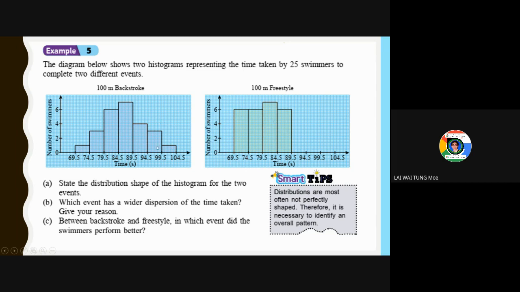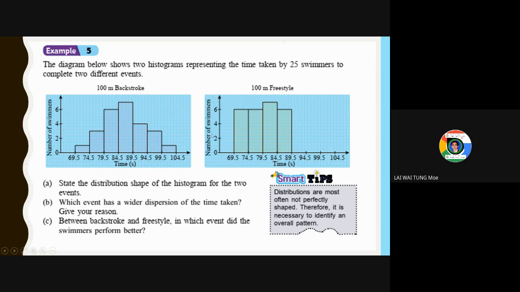So if you look here, it's actually very obvious that the event for backstroke has the larger, or wider, dispersion, because at the fastest time, both are the same, 69. But you look at the longest time, for this one it is 104. Here it is only 89.